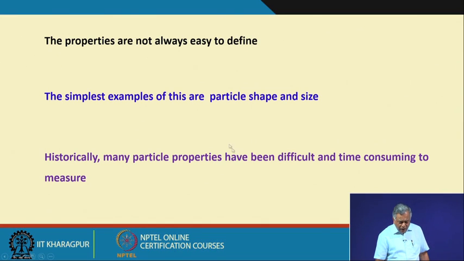Now, what used to happen, because of these inherent difficulties in measuring the properties, and in the earlier days not many instruments were there to measure the different properties of the particles, what used to be done by many industries is that they had some rituals.